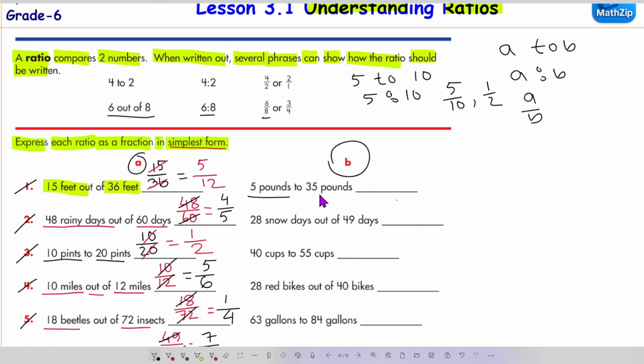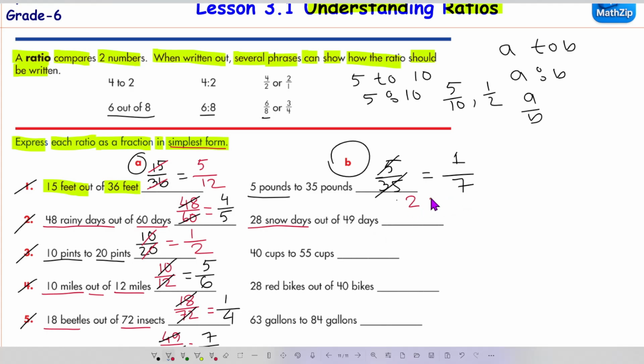5 pounds to 35 pounds. So 5 by 35. This one is a very simple thing. We can divide this fraction by 5. So 5 divided by 5 is 1 and 35 by 5 is 7. Next, 28 snow days out of 49 days.